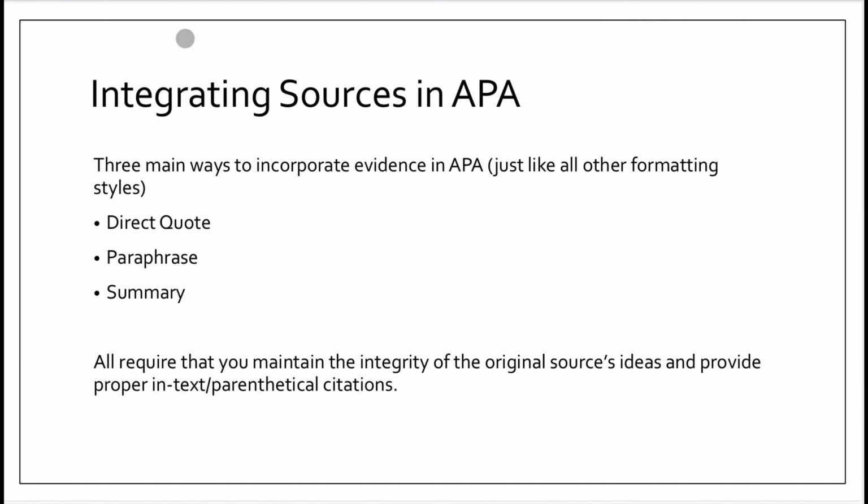And when we summarize, of course, it's going to be generally a much larger piece of information, or text, or even a whole book that we're going to summarize somebody's ideas down into. And remember that all of these do require that you give credit where credit is due. You have to cite your sources, and it doesn't matter which of these three ways that you use.